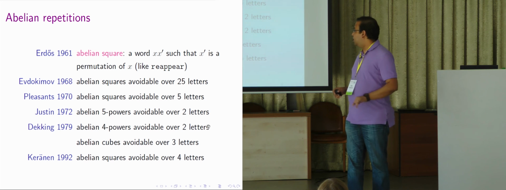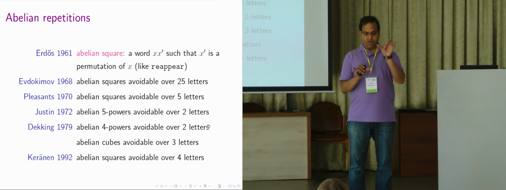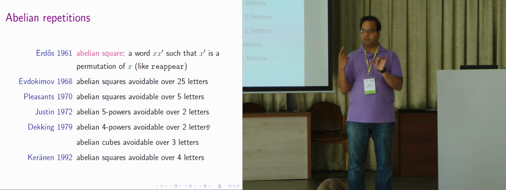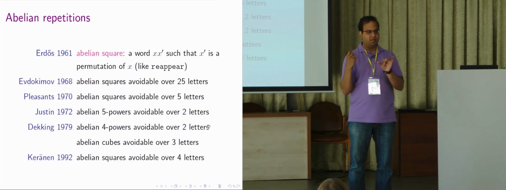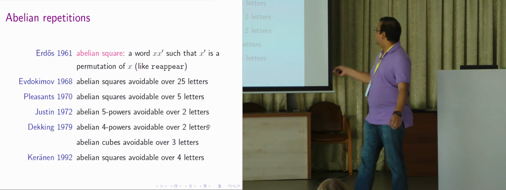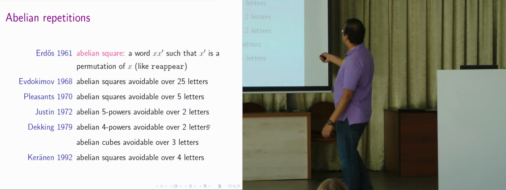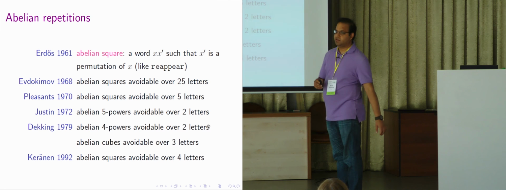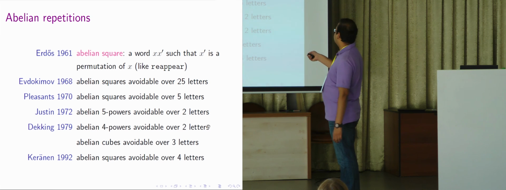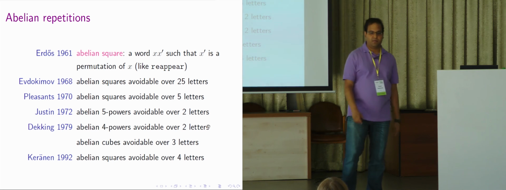An abelian square looks like x and then some permutation of the letters of x, right? So an anagram. You can see in English this word reappear is an abelian square, because reap, I take some permutation of it and I get peer.